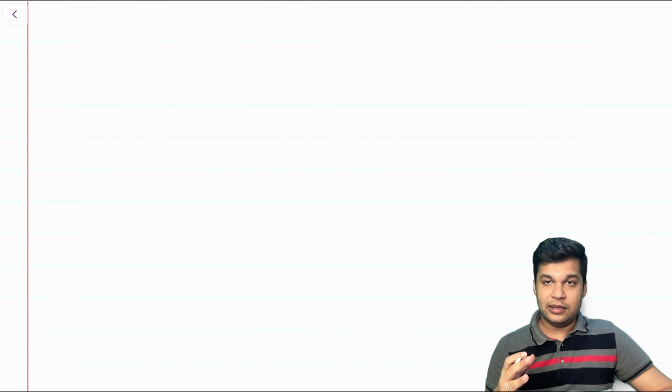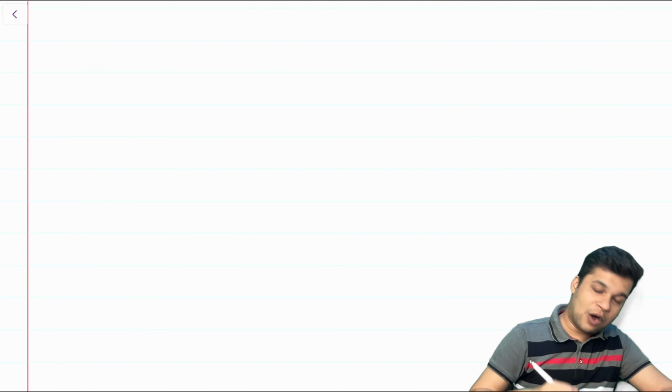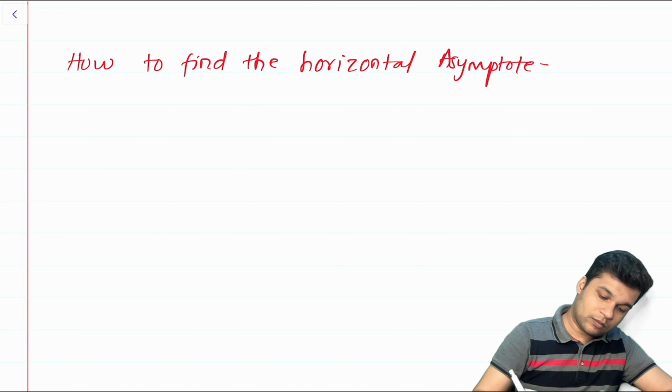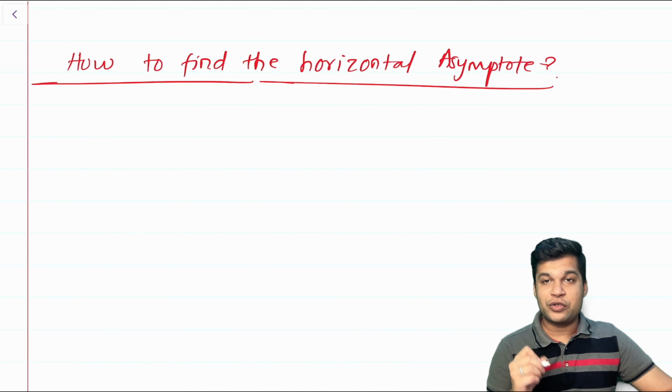Now let us learn how to find the horizontal asymptote.